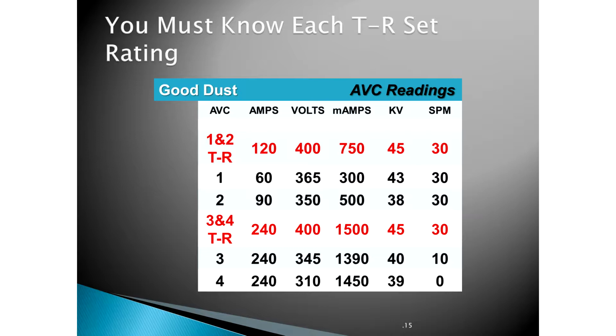So in this precipitator, you look at it and say a control is to control sparking or push it to a limit. So if this control is set to run at 120 amps, 400 volts, 750 milliamps, 45 kV, and 30 sparks per minute, is it doing its job?